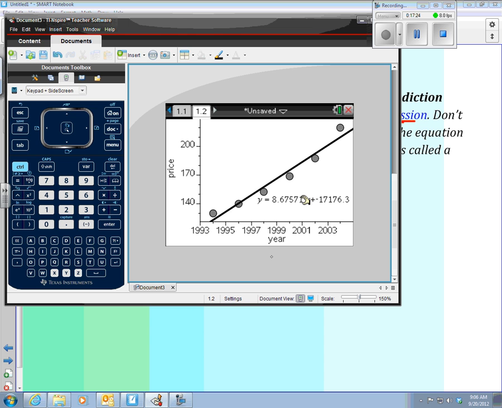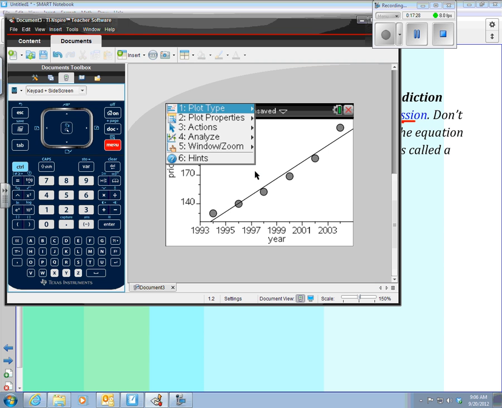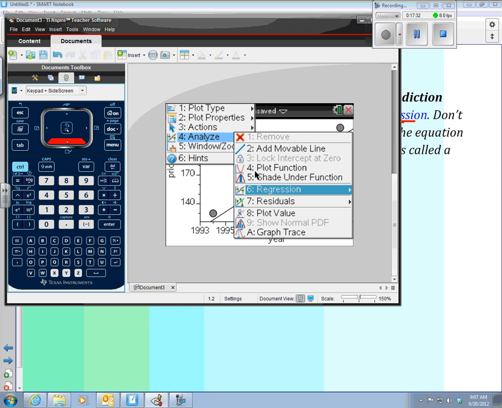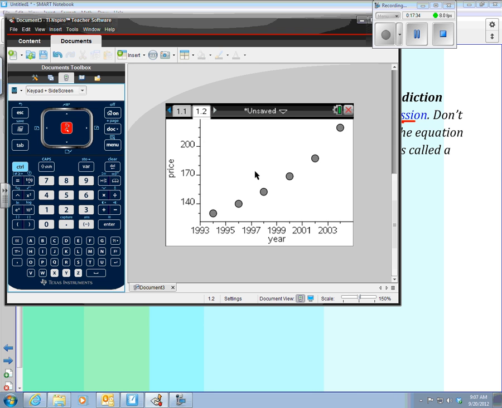There's our line. They had a slope, oh shoot, let me go to that again. Oh, I lost it. But it was the slope, and it was the y-intercept. Okay, I got it back here.